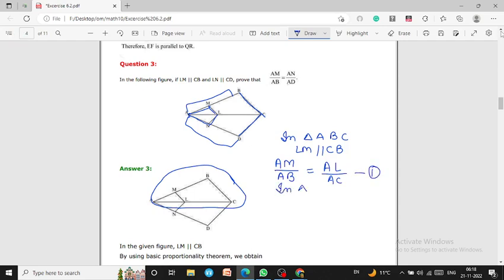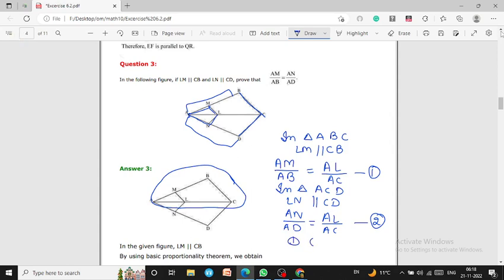And in the lower figure, lower triangle ACD, we have given LN parallel CD. Now AN over AD equal to AL over AC. This is your second equation.